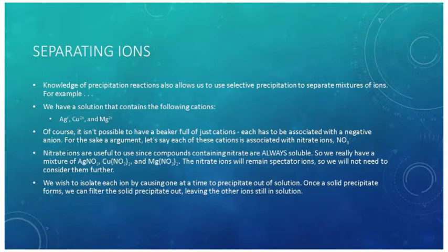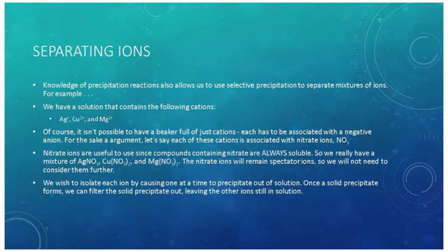For argument's sake, let's say these cations are all associated with the nitrate ion NO3-. Nitrate ions are useful too, since compounds containing nitrates are always soluble. So we really have a mixture of silver nitrate, copper nitrate, and magnesium nitrate. The nitrate ions will remain as spectator ions, so we will not need to consider them further.